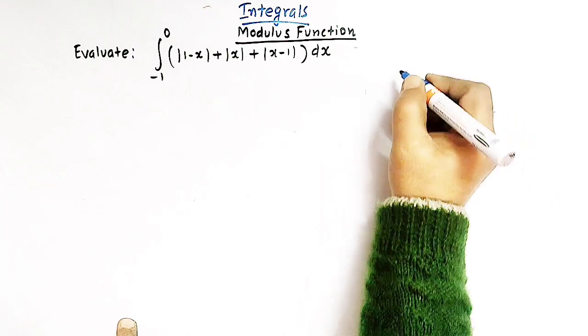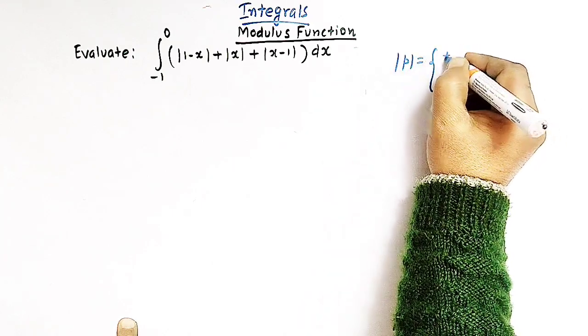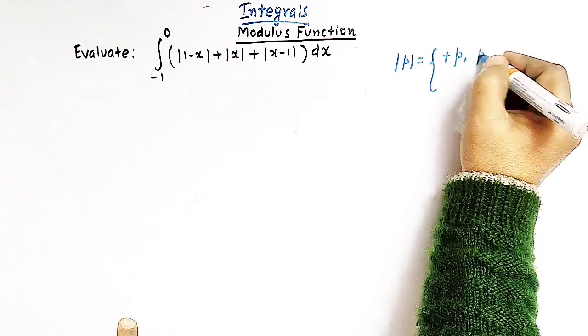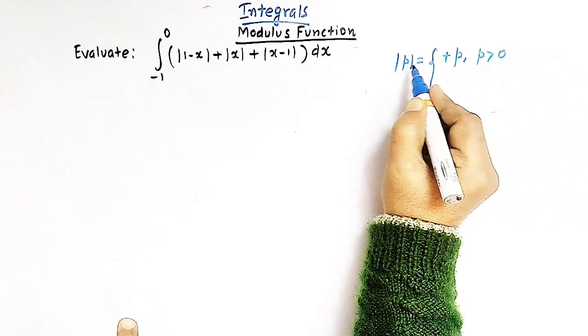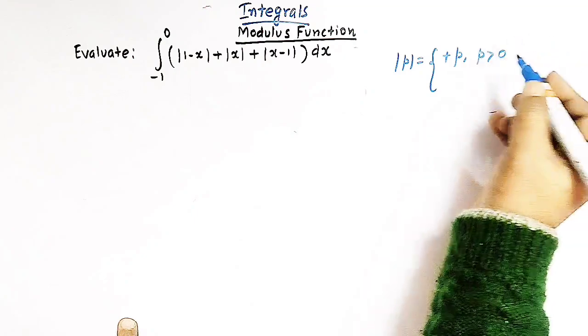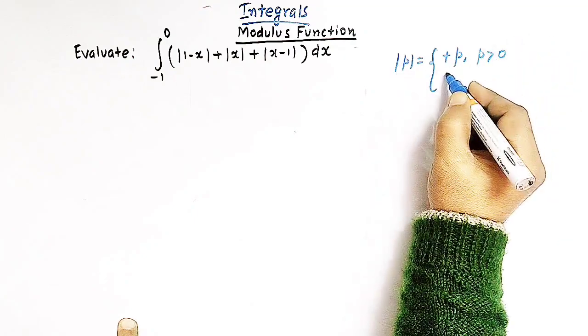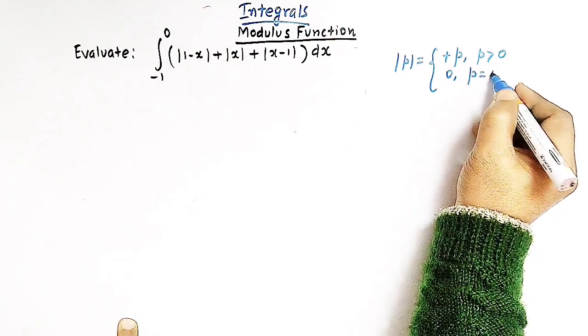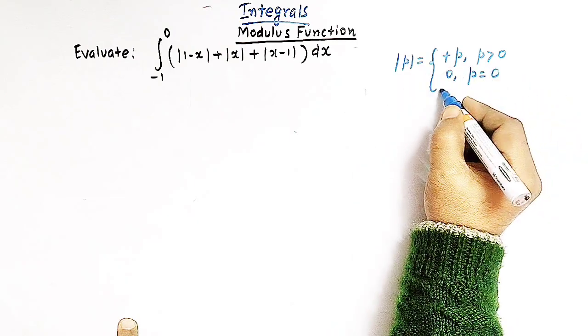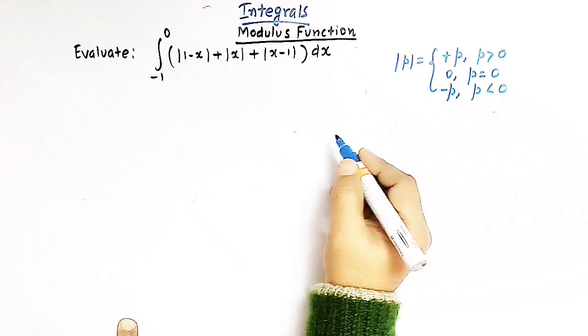So now a mod of p is defined as positive p when p is greater than 0. So whenever p is greater than 0, that is p is positive, then mod of p is positive, right? And mod of p is 0 whenever p is equal to 0, and mod of p is negative p when p is less than 0, right?